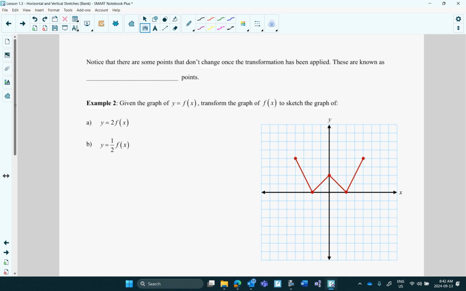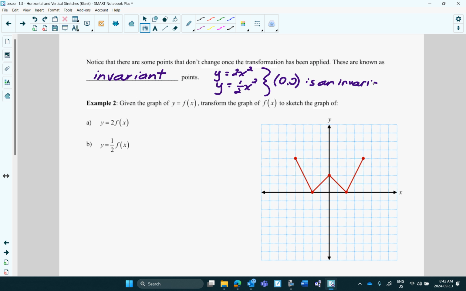When they don't change, we call them invariant points. So in y equals 2x squared and y equals 1/2 x squared, in both of those, (0, 0) is an invariant point. All the other ones change.